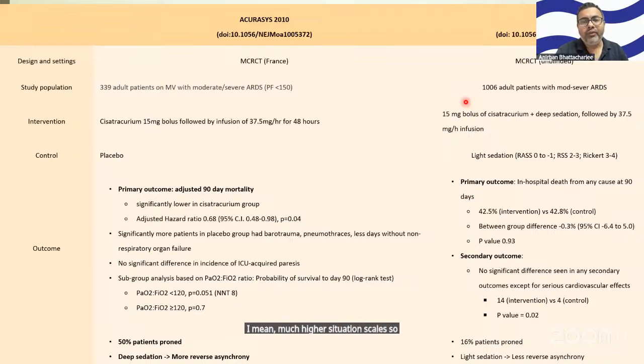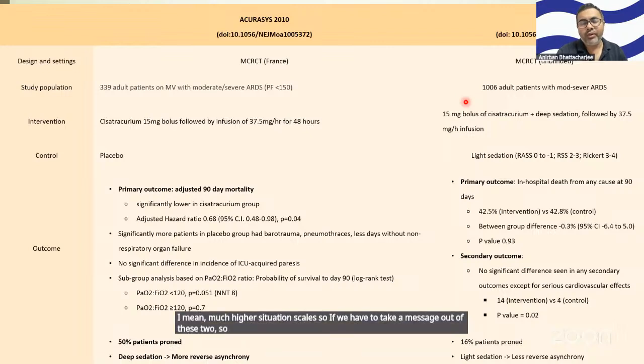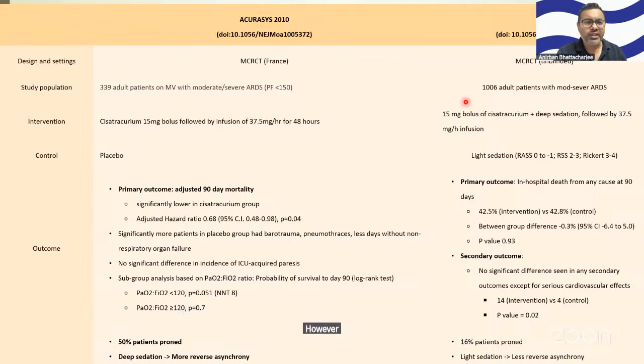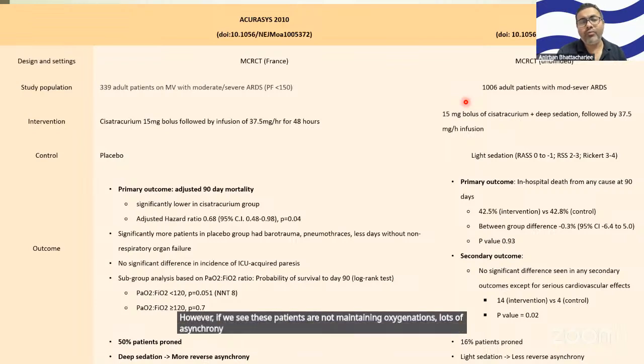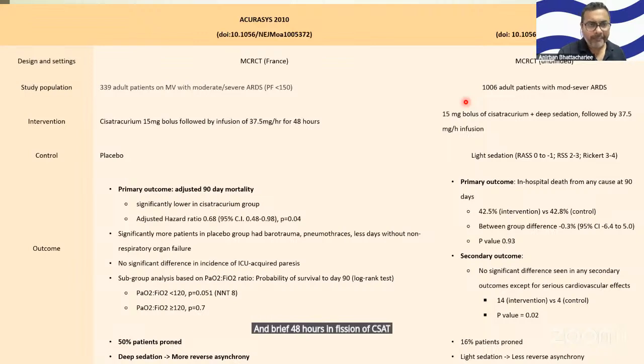So if we have to take a message out of these two, what we can infer is that if we can manage our patients of ARDS with light sedation, we do not need to paralyze them. However, if these patients are not maintaining oxygenation, lots of asynchrony is going around, and we are constantly ramping up our sedation and eventually reaching a point where we have deeply sedated those patients, we might as well try giving them a brief 48 hours infusion of cisatracurium upfront.